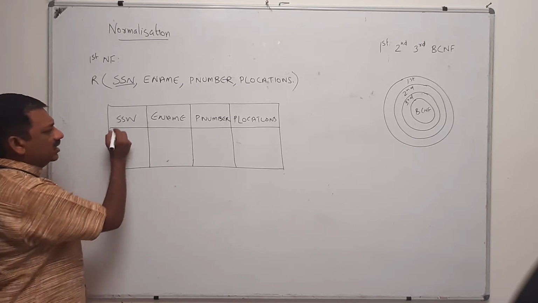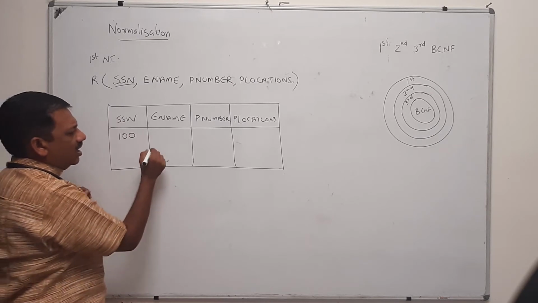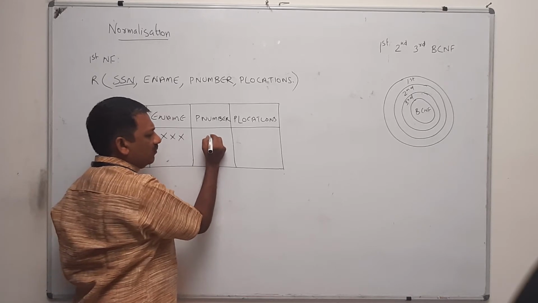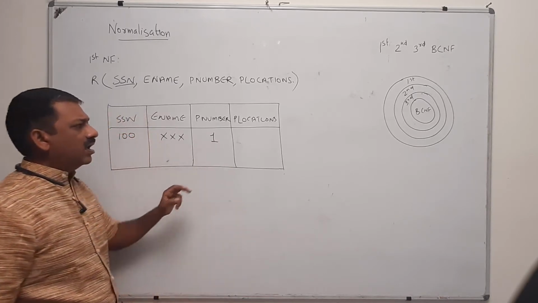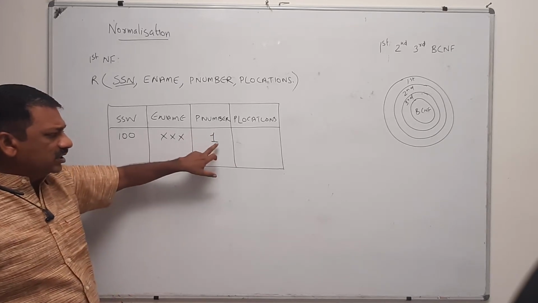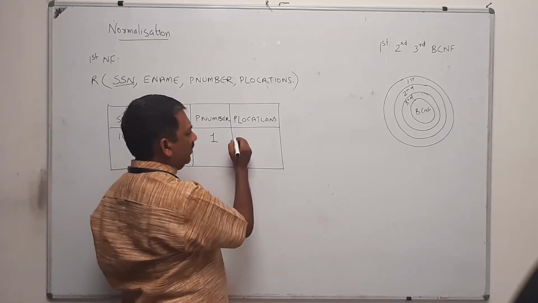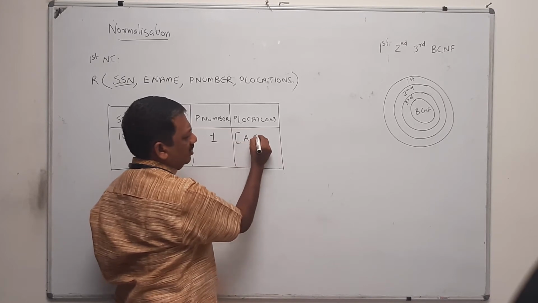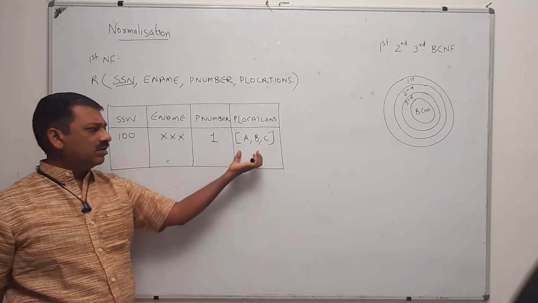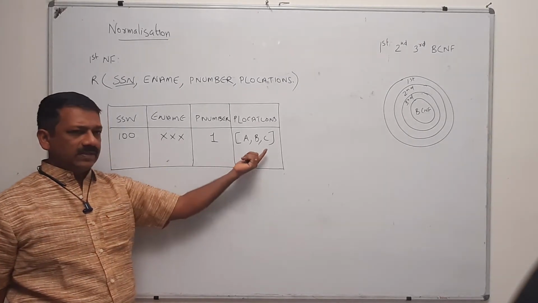Suppose that the social security number is 100, his name is XXX, and he is working for project number 1, and this project is in various locations like A, B, C. That means this project is going on in 3 sites, A, B and C.